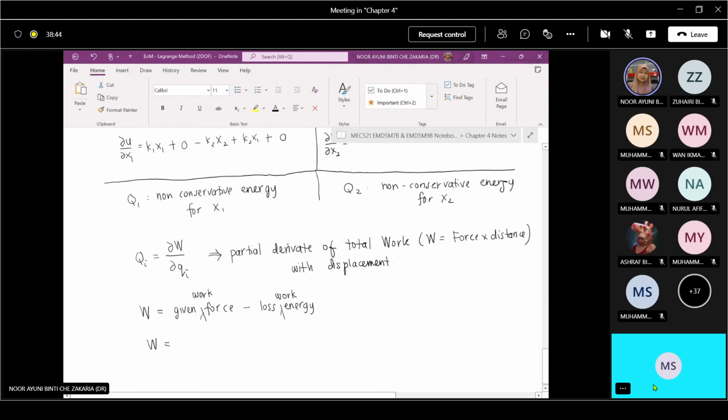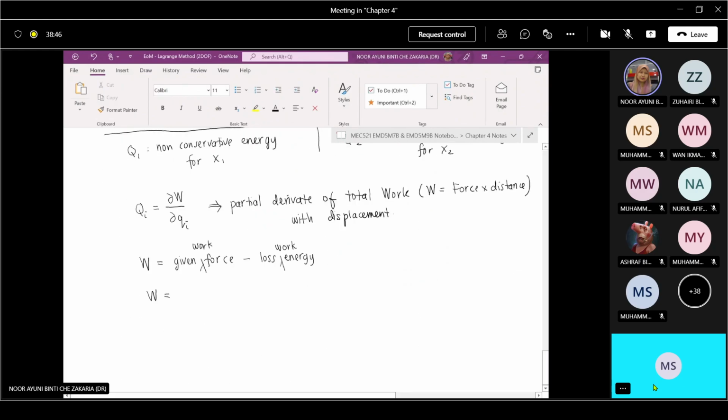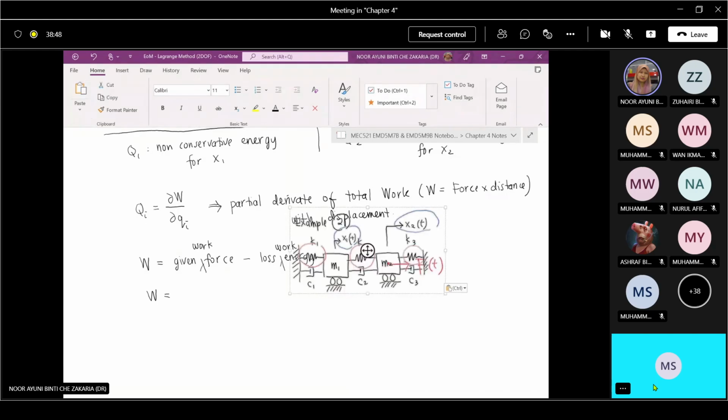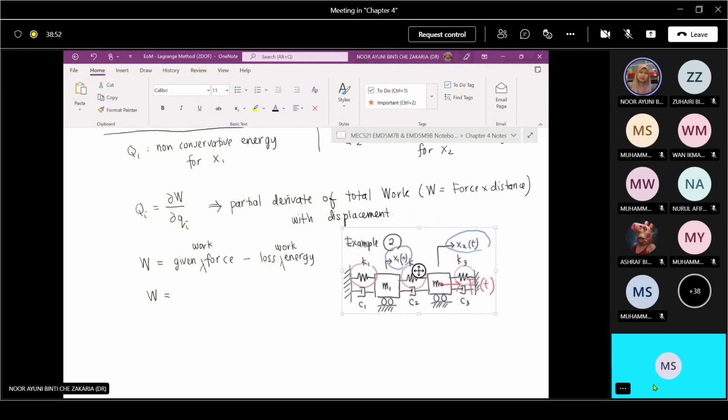Put down here so that it's easier to have a look. So that is our diagram.